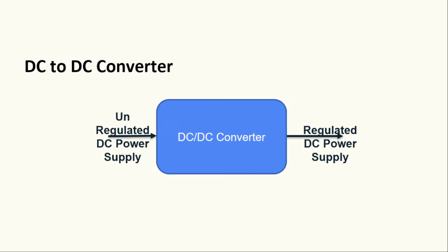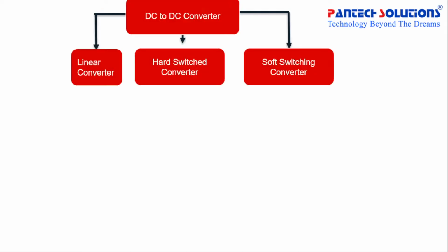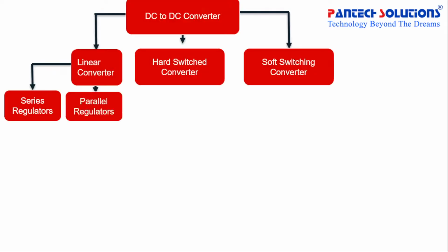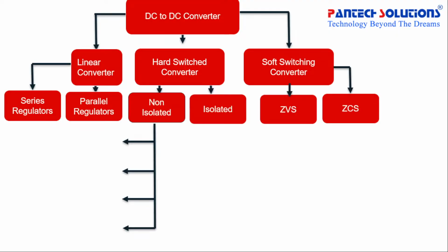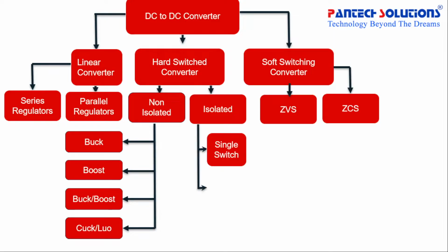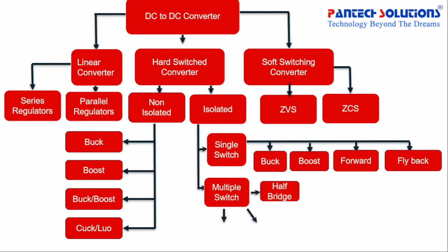By using this device, we can easily convert one power conversion to another, right? We can classify DC to DC converters into linear converters, hard switched converters and soft switched converters, based upon what type of switch we are using. You just observe this block diagram once.